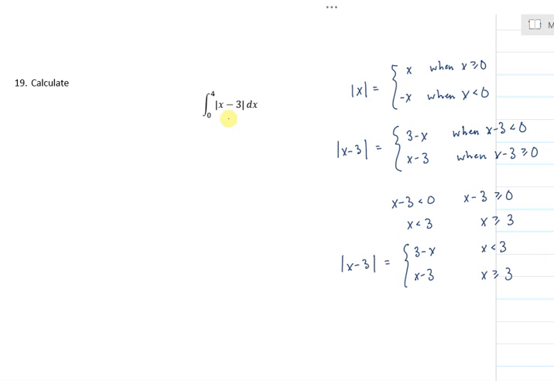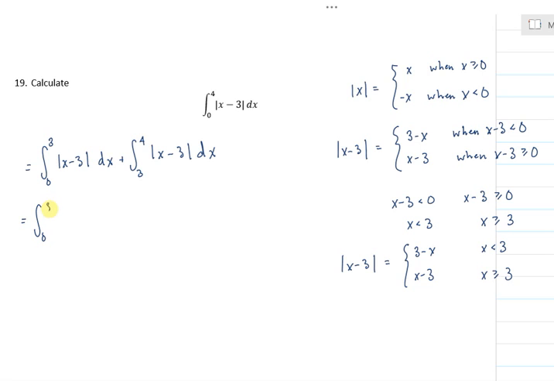Okay, so this integral, I'm going to split it up at 3, just like I did the other piecewise function. Oh, sorry, forgot my other part. I, of course, need the integral from 3 to 4. Okay, so from 0 to 3, that's less than 3.